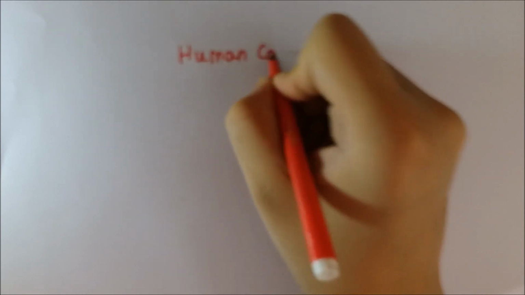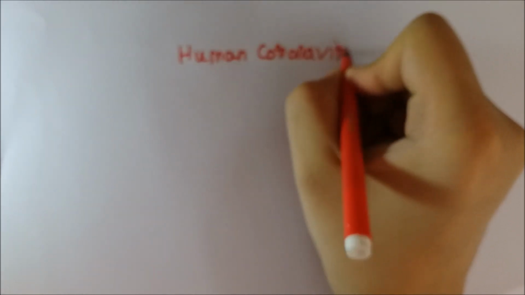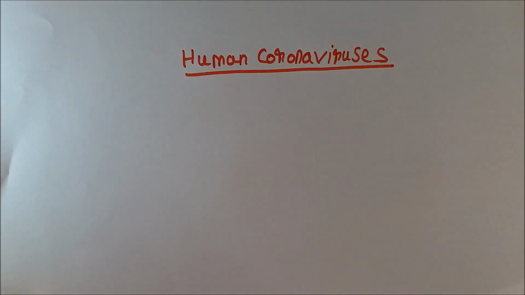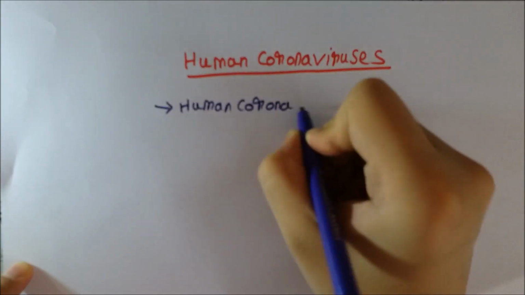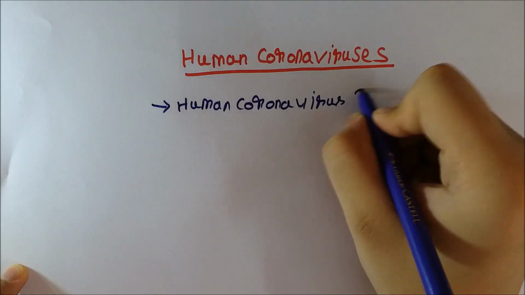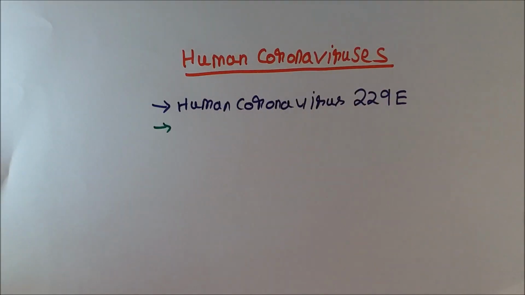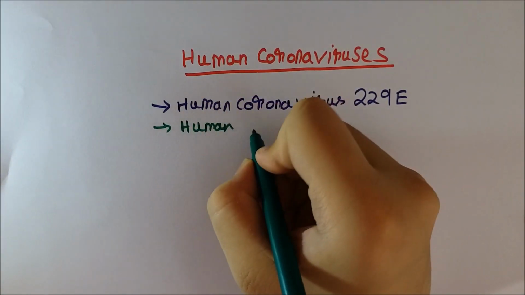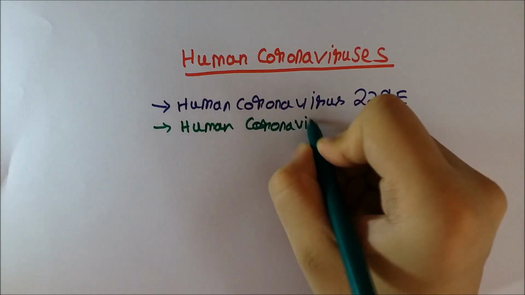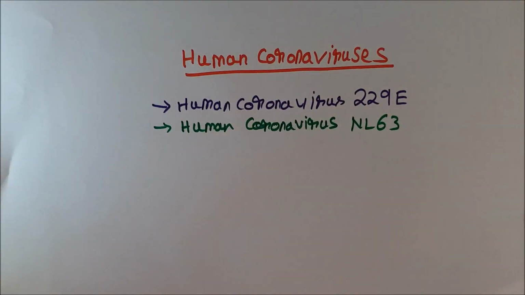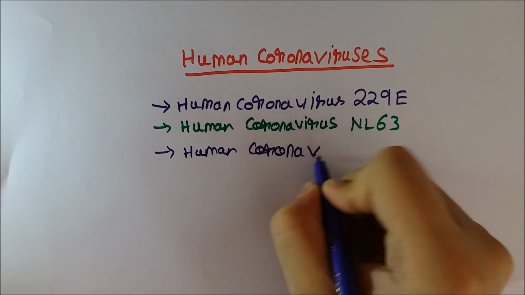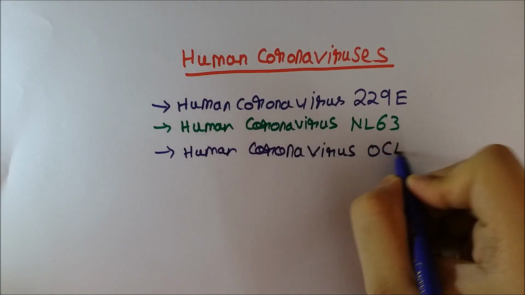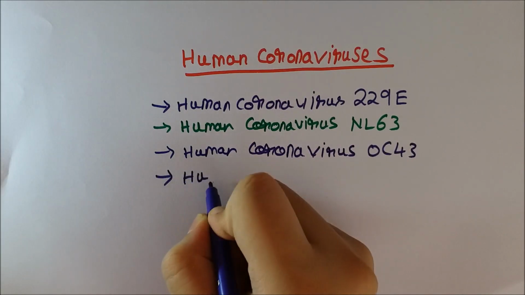Now, let's discuss the human coronaviruses, which are responsible for coronavirus infections in humans. Number one is the human coronavirus 229E. Secondly, we have the human coronavirus NL63. Thirdly, we have the human coronavirus OC43.